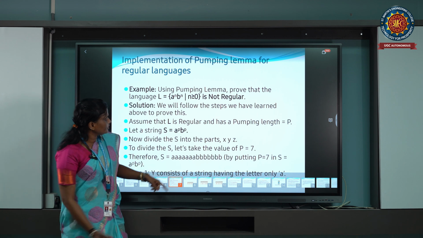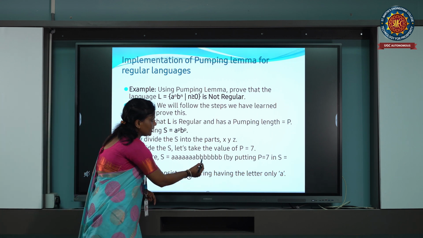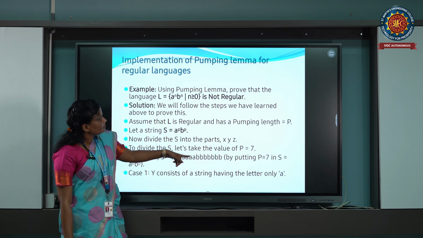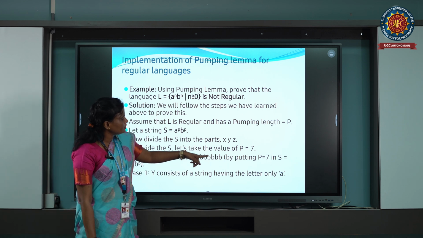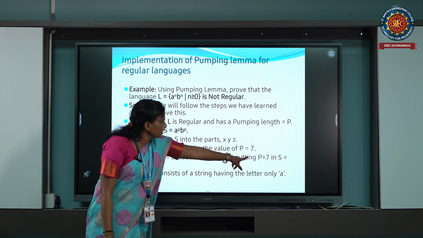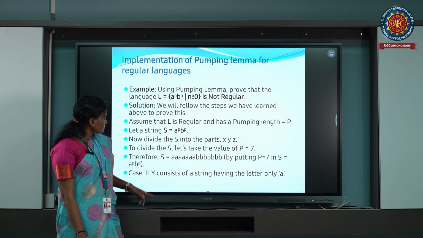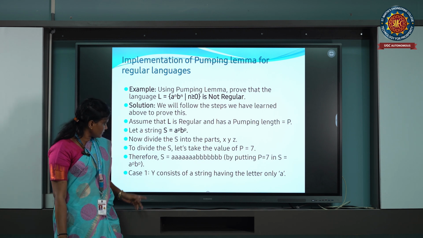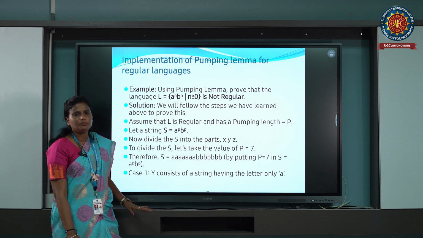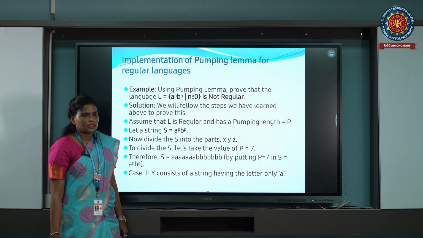Therefore S equals 7 a's and 7 b's, so the length of S is greater than or equal to p. Next, we take this string and consider the three cases.